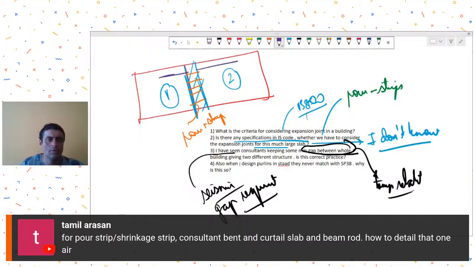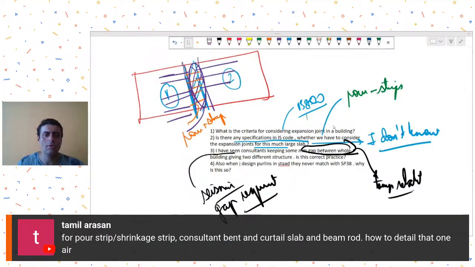So do not try to continue the reinforcement over here, and they will curtail their reinforcement at this junction. They will not continue the reinforcement in this pour strip. So try to keep this pour strip independent, and you will see that the reinforcements are also not getting continued through the pour strip.